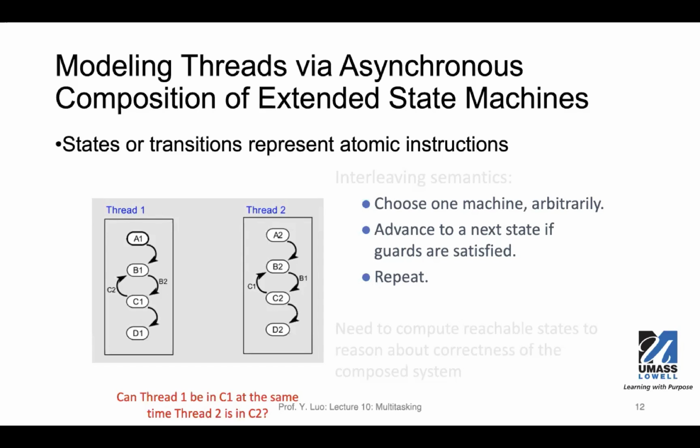What we want to do in this example really is to show the dynamics between threads, because they share variables, share states. So this has a significant impact on their operations.